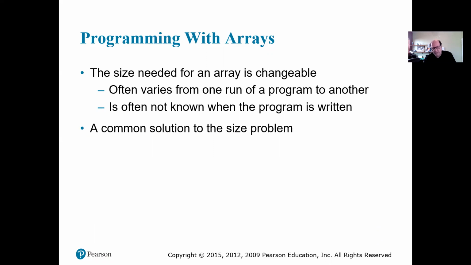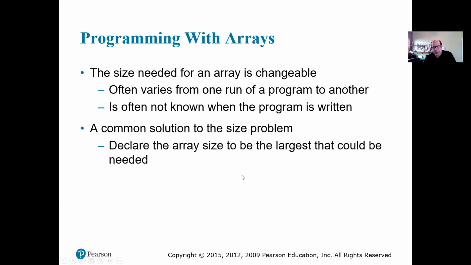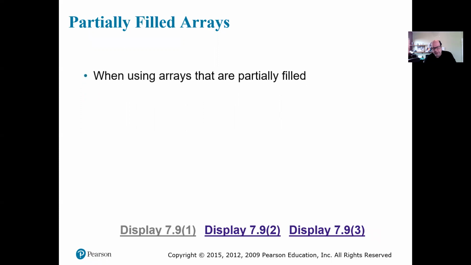So we're going to have some kind of limit, and we use that as my starting point. Then I keep track of how many elements I have in this array. So if I initially set my array size to 70, and at the time I have 20 students, I'm going to use just those 20 parts of it. I don't need to use the rest of it.